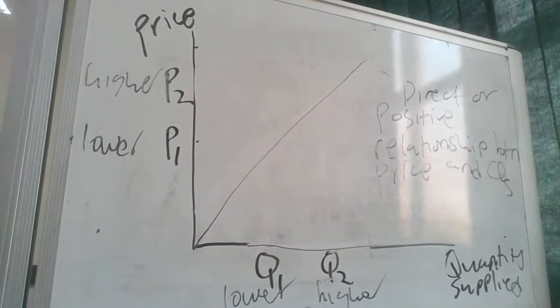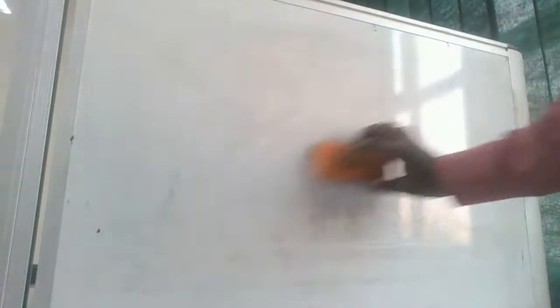Look at your function, read your intercepts, and then plot. I'll show you how we can plot our demand curve before we go into questions. Any question on the relationship between price and quantity supplied? If it's clear, type clear, we proceed.